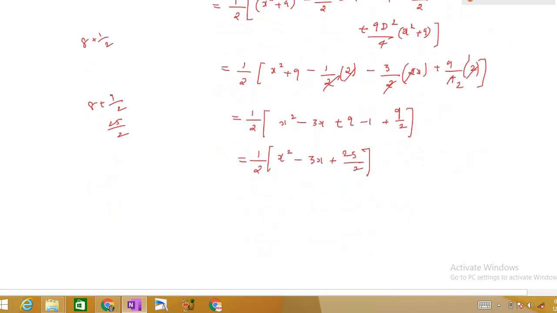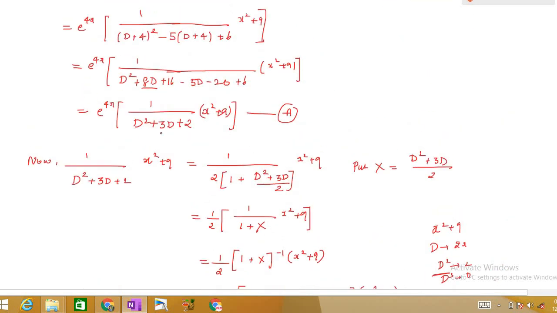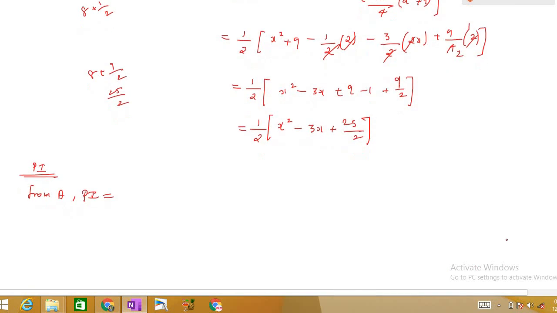But what we need to do? The particular integral is from the given question, so we need to multiply e power 4x to this term. When I multiply e power 4x to this term, we will have e power 4x by 2 (x square minus 3x plus 25 by 2) as the particular integral.